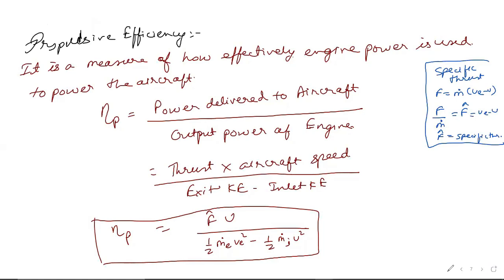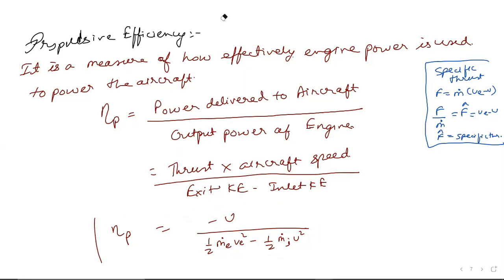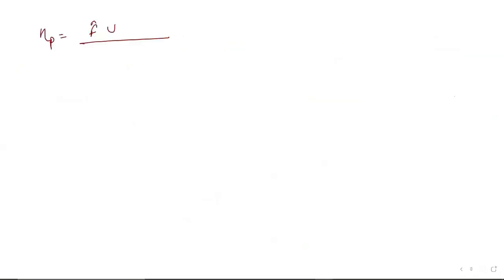If we solve this a little bit more, eta P equals F U divided by half m_e UE square minus half m_i U_i square.